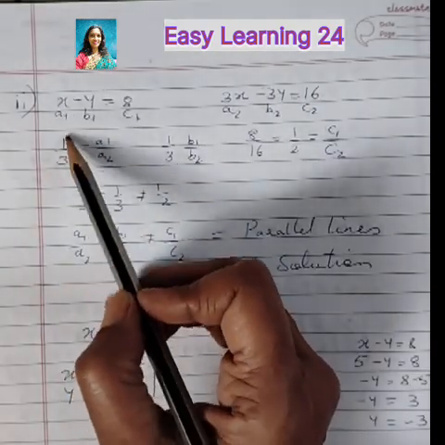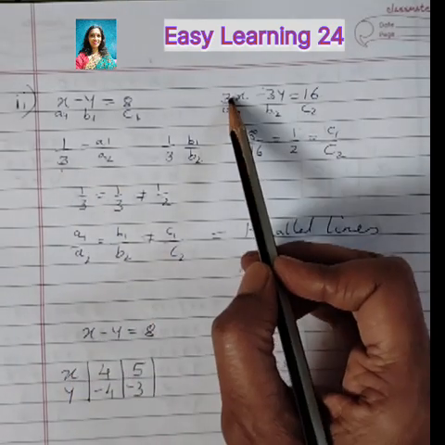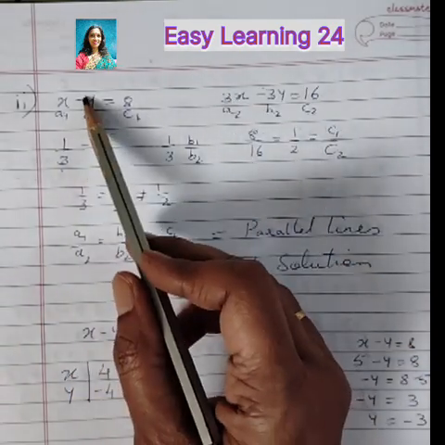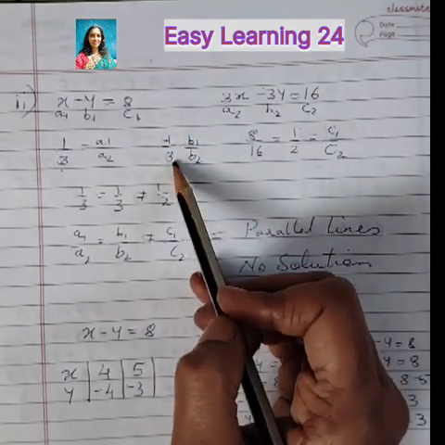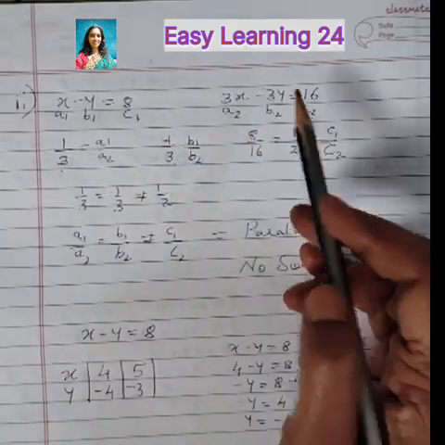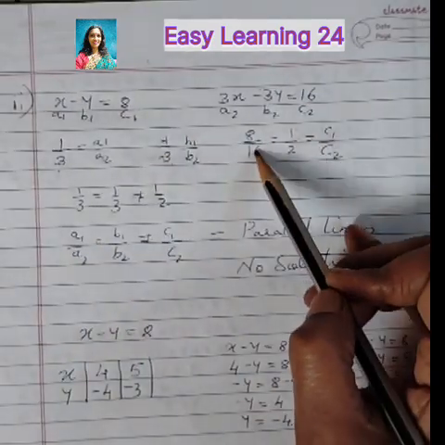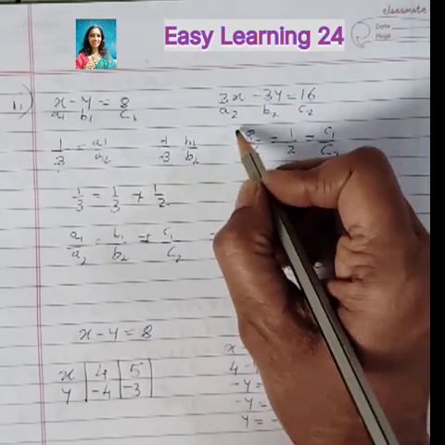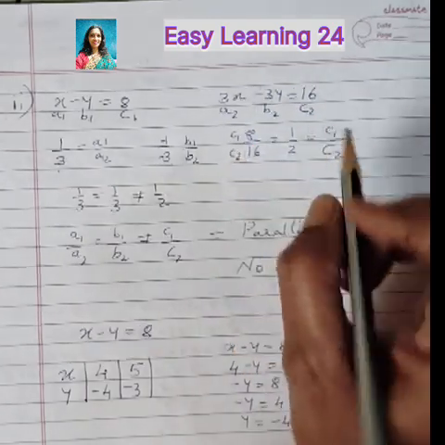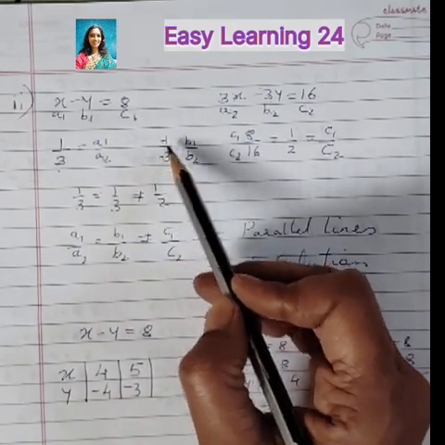So let's start. a1 upon a2 is 1 upon 3. b1 upon b2 is minus 1 upon minus 3. Then c1 upon c2 is 8 upon 16. Now 1 upon 3, this also is equal to 1 upon 3.